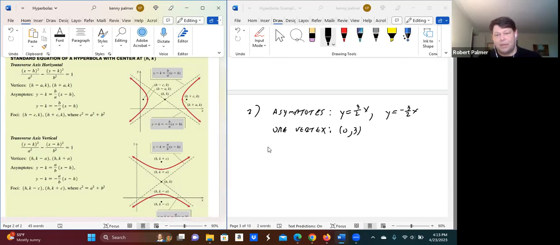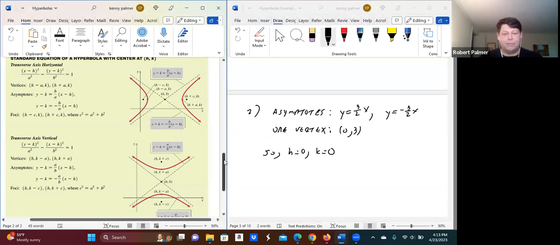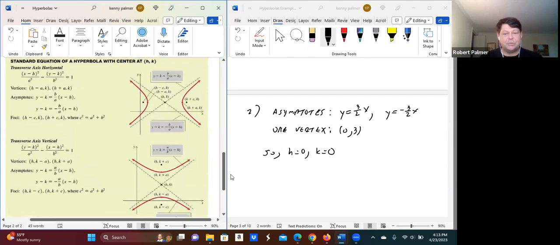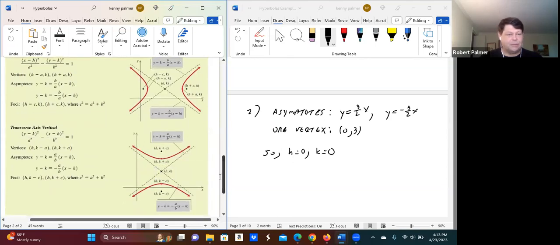So h equals 0 and k equals 0. Okay, now let's take a look at our one vertex. This is going to help us determine which type of equation it is. What we know is we're given one of our vertices.